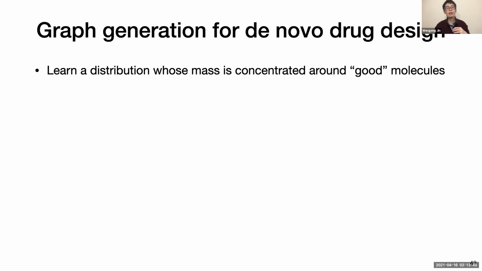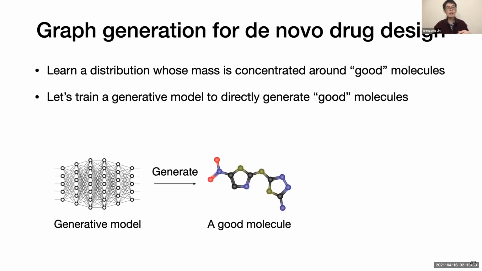And that's where the graph generation stuff comes in. Basically, if you look at drug discovery, it's actually a generative modeling problem, right? You want to learn a distribution whose mass is concentrated around these good molecules. Then if I can train this kind of generative model, I can just directly sample good molecules from the model, right?